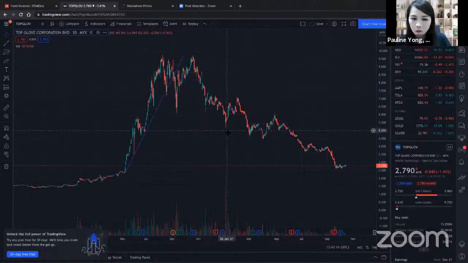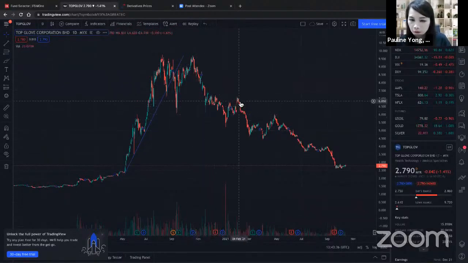So this is wave number 1, and then A, B, C, and then 1, 2, 3, 4, 5. A, B, C. So we are doing an A, B, C here. So what I see is 1, 2, 3, 4, 5, and then we complete this A, B, C.